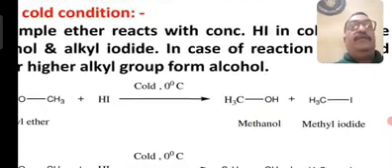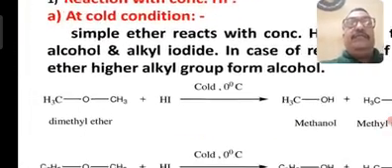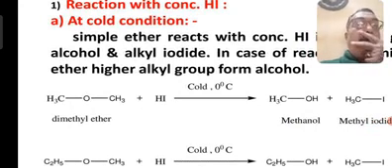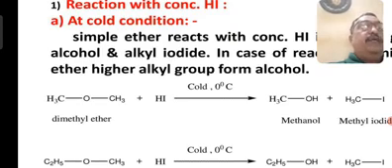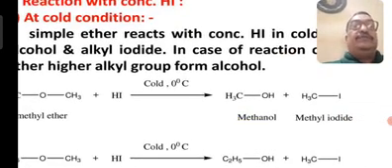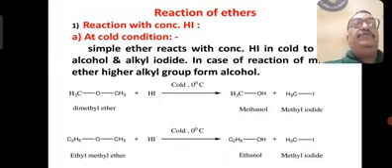When CH3OCH3 and HI are treated around 0 degree centigrade in cooled condition, the oxygen-CH3 bond is broken and it gives CH3OH. The H of HI is added and iodine is added to the CH3, so you get CH3I, methyl iodide. This reaction is carried out in cold condition with HI.